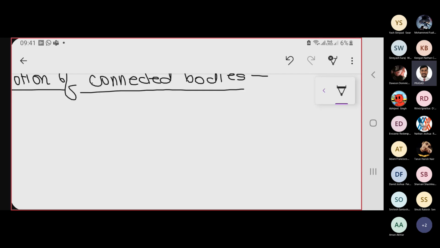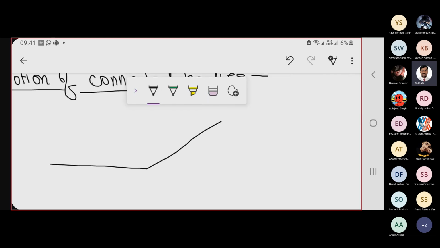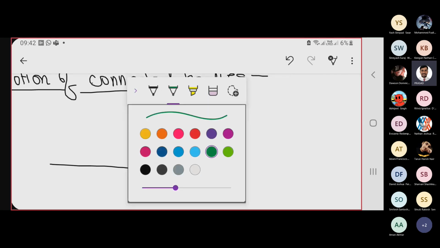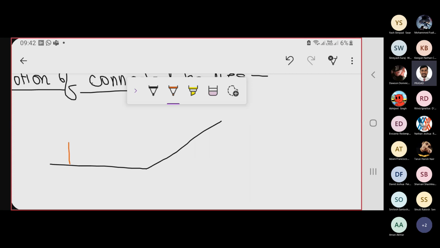Now, for example, let's say one body of weight W1, another body of weight W2. Both are connected by a string.